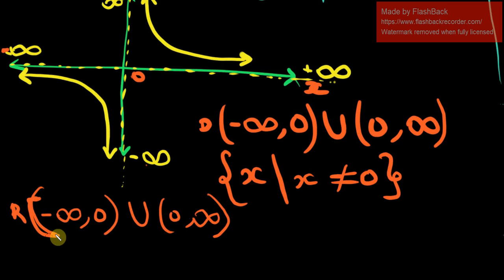These are round brackets. You can also write it as all the values of x. No, it's not x, it's y. All values of y except for y equals 0. Okay, cool.